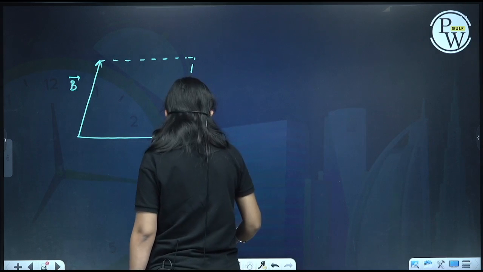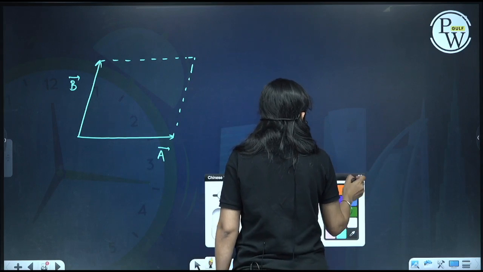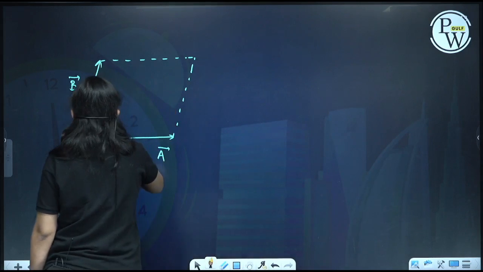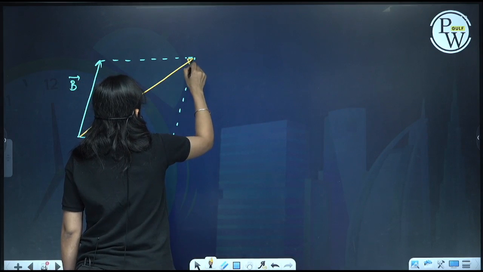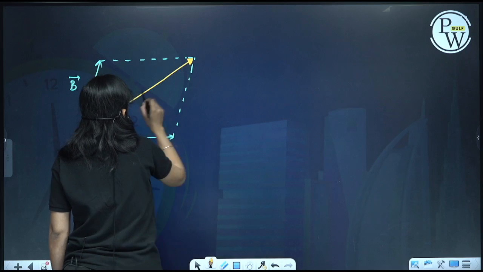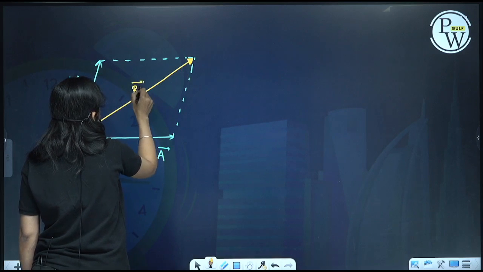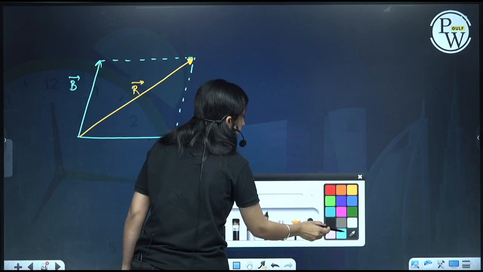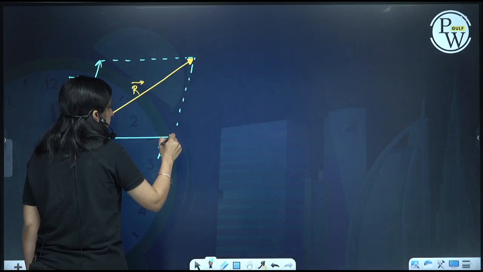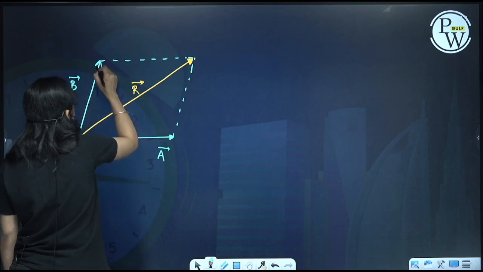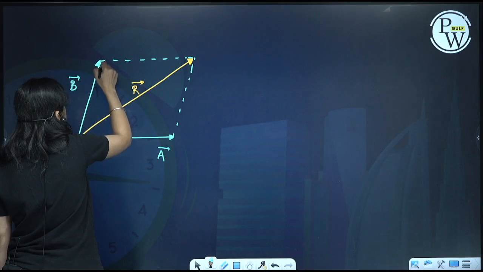So this is the parallelogram formed by the two vectors. Then the diagonal of this parallelogram will give me the resultant vector. This is my A vector and this is my B vector.